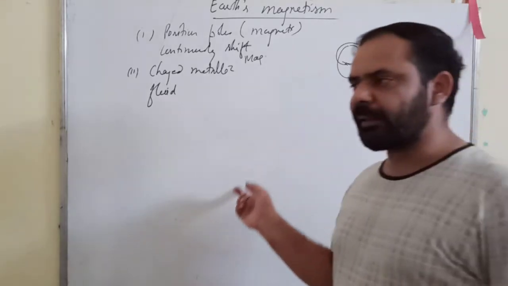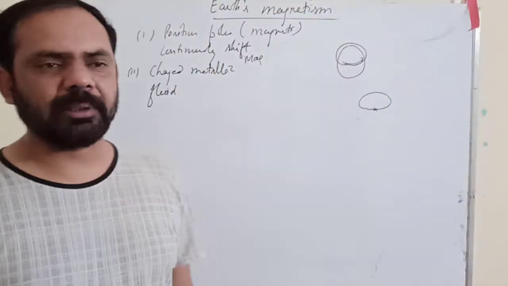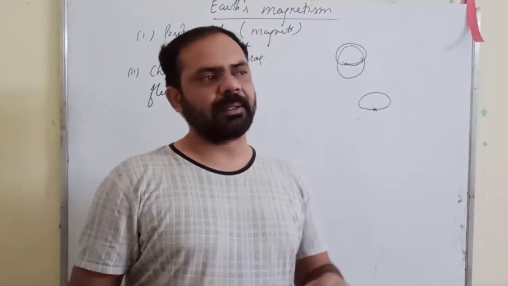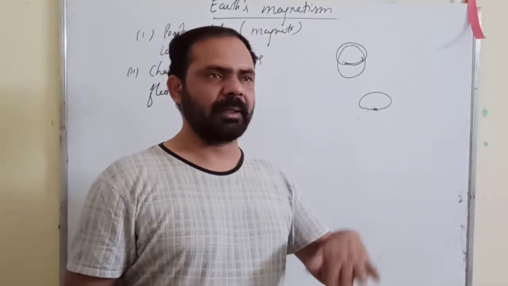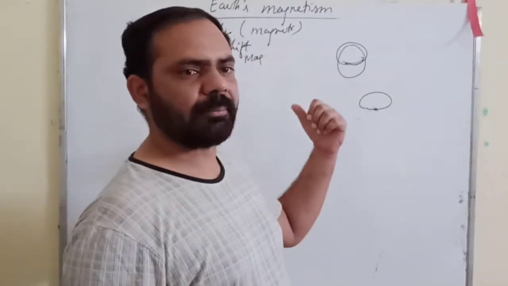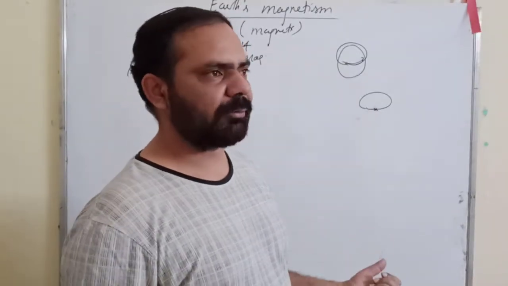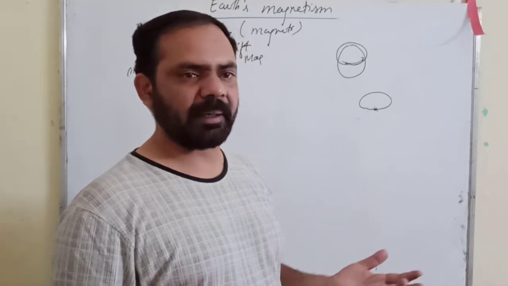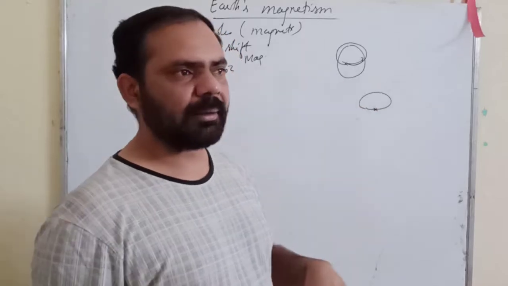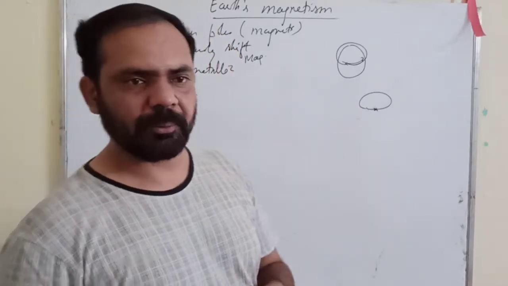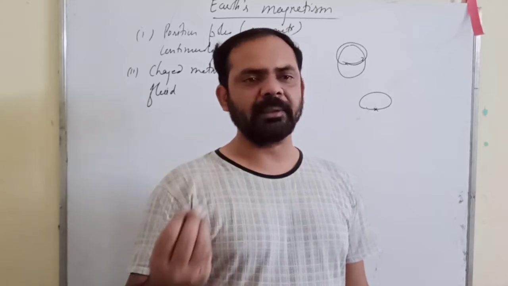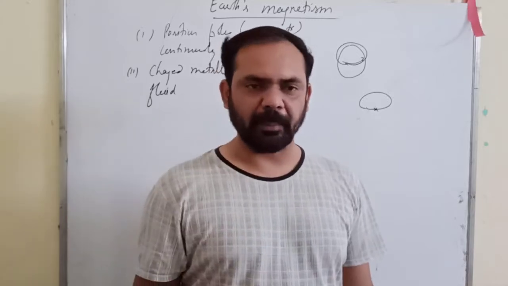When a charged particle revolves on a circular path, it generates a dipole moment, and as a result it can create the magnetic field that we discussed in the previous topic. So the first reason people gave for Earth's magnetic field is that everything on the earth is revolving on a circular path due to the rotation of earth. As a result, they create a dipole moment, and hence earth gets its magnetic field.